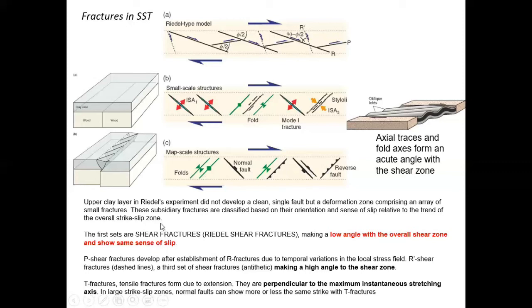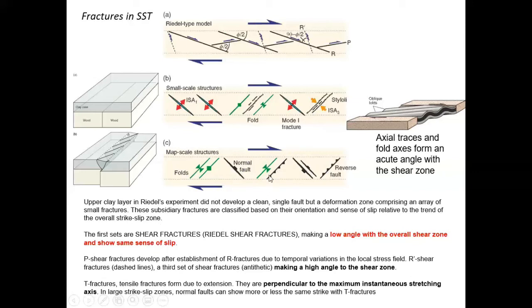All the larger, regional scale faults will be aligned perpendicular to sigma 1, maximum compression, and normal faults will spread out lithological units in the direction of sigma 3, right?